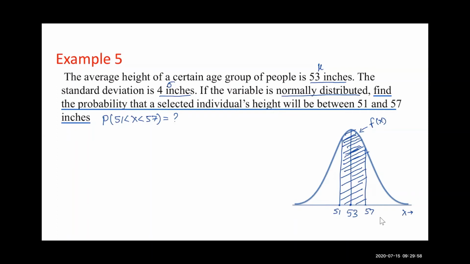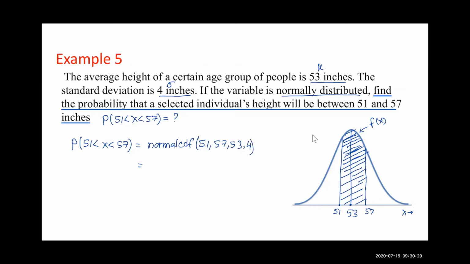So we can use our TI-84 calculator again. The probability that X is between 51 and 57 is equal to, we use normal CDF in our calculator. The lower limit is 51. Upper limit is 57. Mean is 53. And standard deviation is 4.